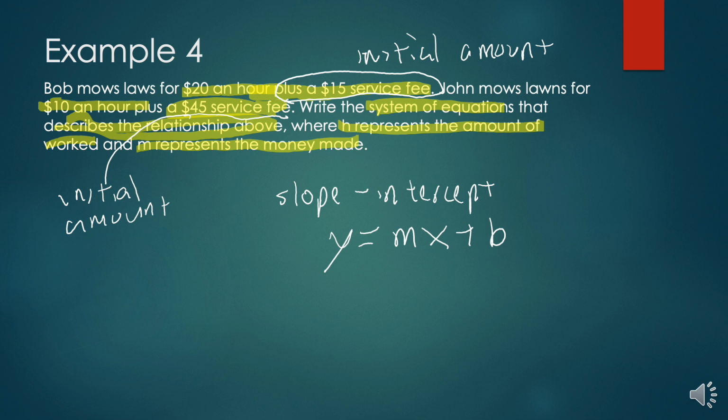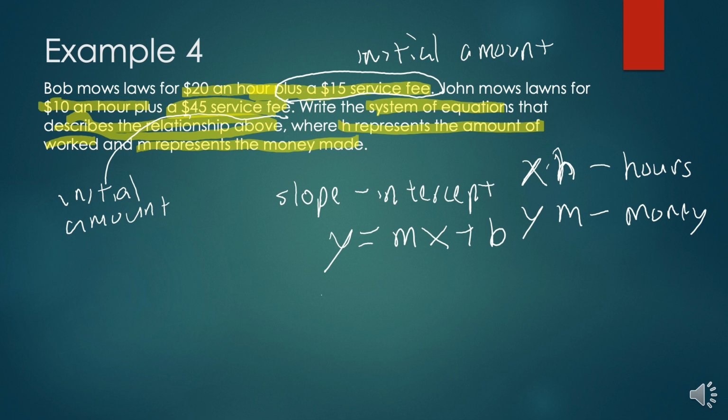And then go ahead and write down your variables. That's h for hours worked, m for money made. Now in this one, again, think which is going to represent your x. So first you got to work the hours in order to get the money. So that means x does the controlling, or h does the controlling. So that means h is the x, y is the m.